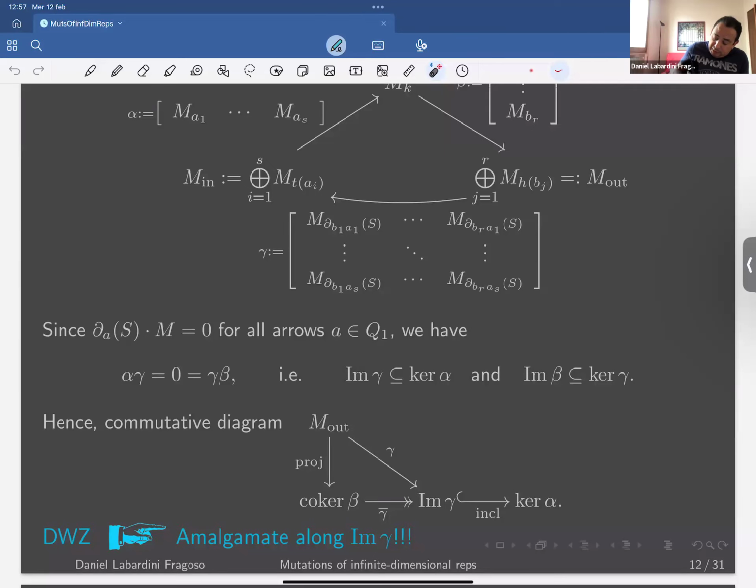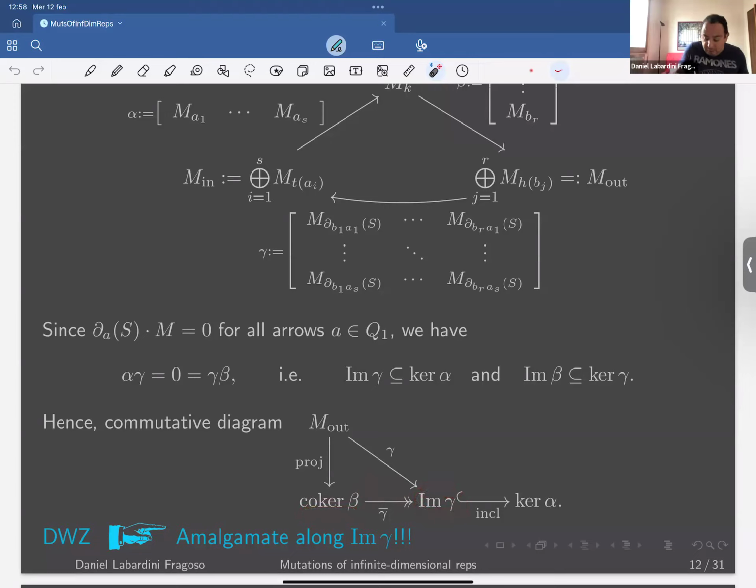And then if we choose a section for this map, we notice that we have the image of gamma as a subspace of the kernel of alpha and of the kernel of beta. Of course, such a section is not canonical. But if we take one, we are choosing a way of seeing the image of gamma as a subspace of this. Which is what we said, right?